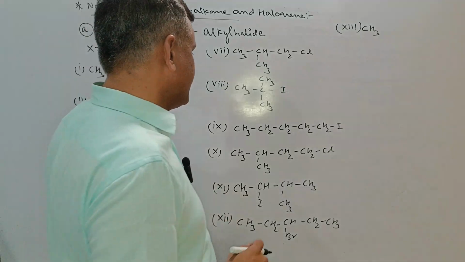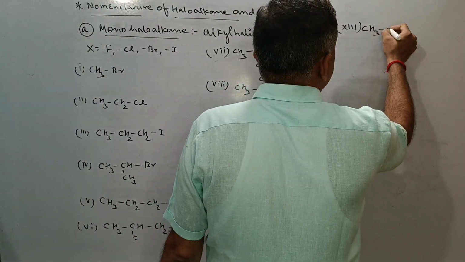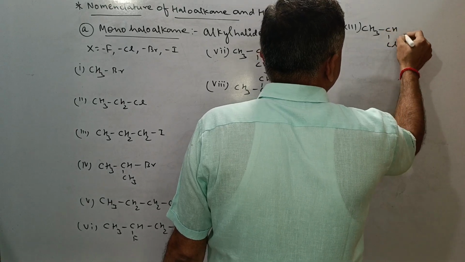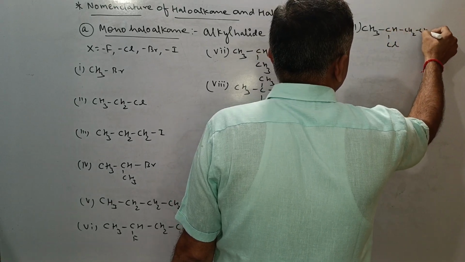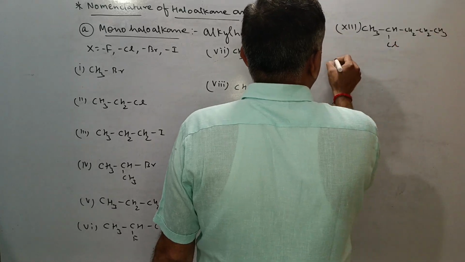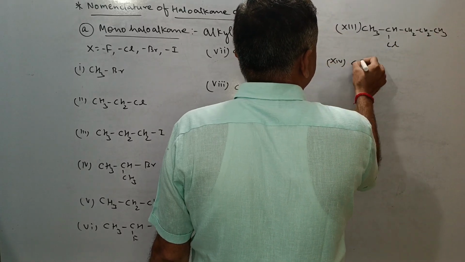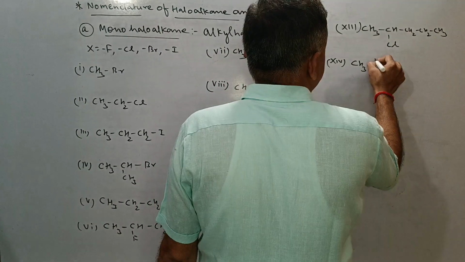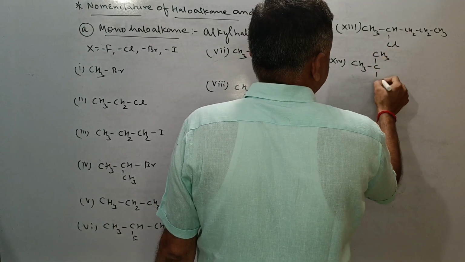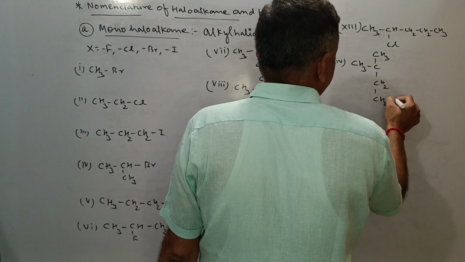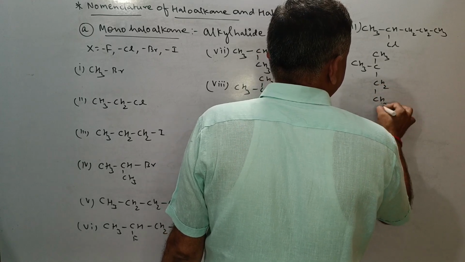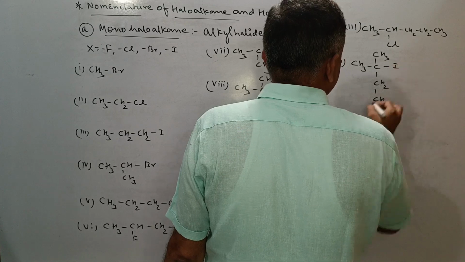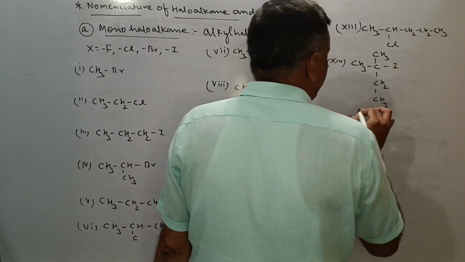We don't have secondary active here, so this is CH3, CH, Cl, CH2, CH2, CH3. The 14th compound is CH3, the iso compound has been taken, so CH3, CH2, CH2, CH3 and I also. This is the 15th compound.